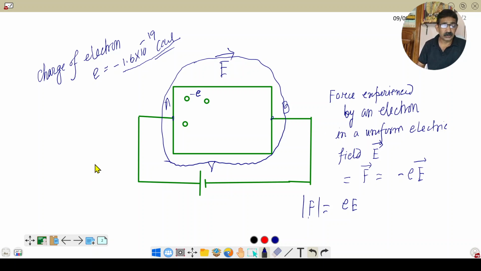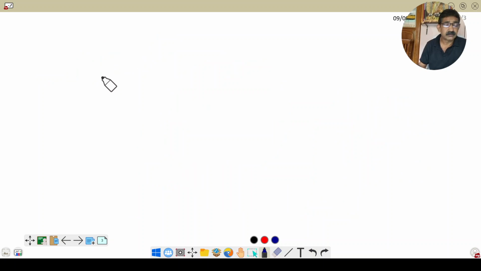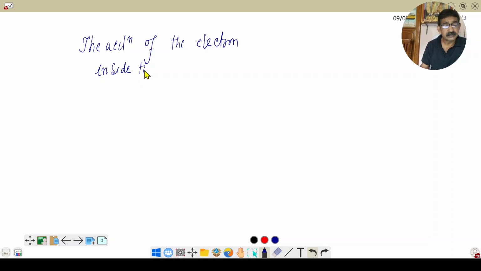Okay. So, the acceleration of the electron inside the conductor is equal to a.